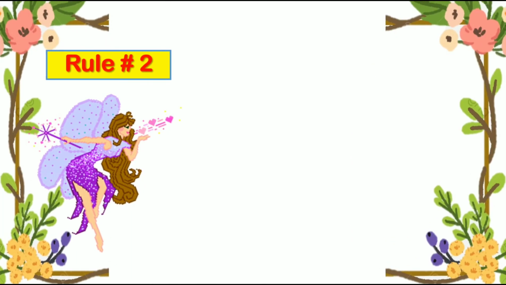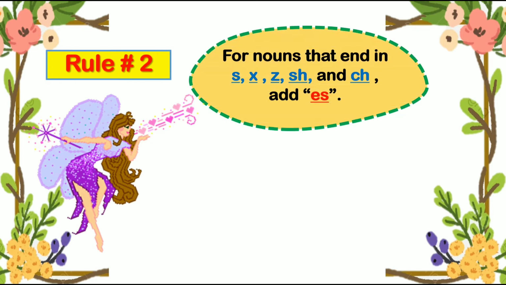Let us now have rule number 2. For this rule, we are going to talk about the nouns ending in these letters: S, X, Z, SH, and CH. If the noun ends with the given letters, you simply add ES at the end of the word.